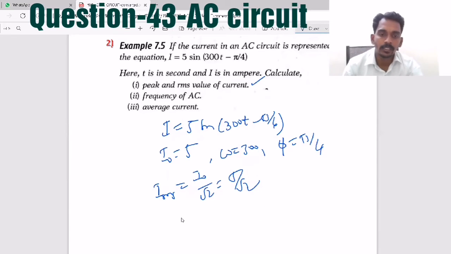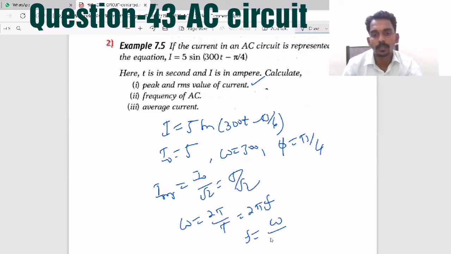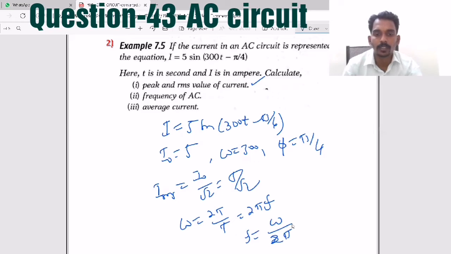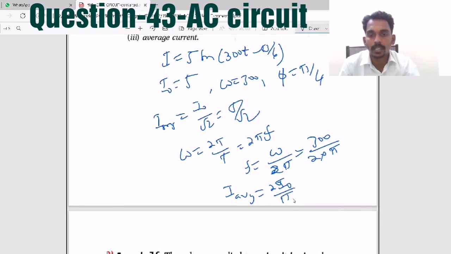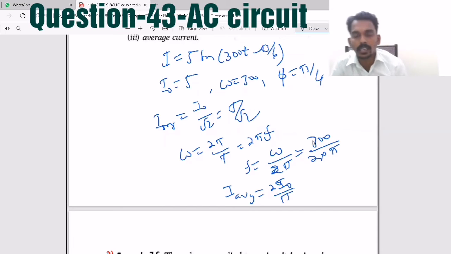Now frequency. Omega equal to 2 pi by T, nothing but 2 pi f. So frequency equal to omega by 2 pi. Omega value is given, that is 300 by 2 into pi. Next, average current. Average current means 2 I naught by pi. So I naught value is there, pi is there, everything is there. You can just substitute and calculate it.